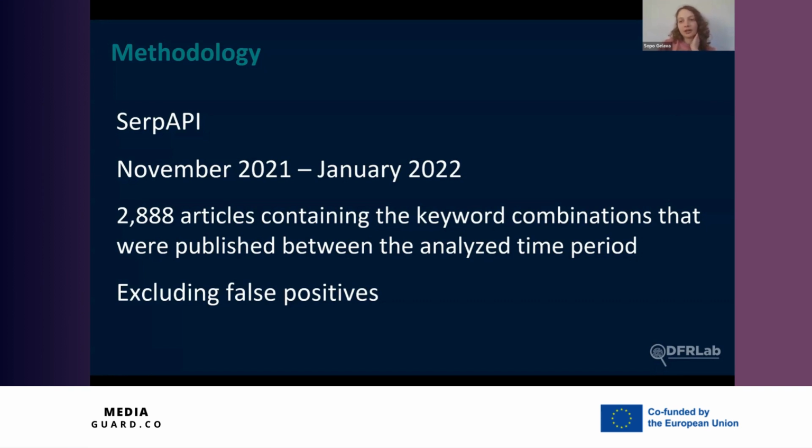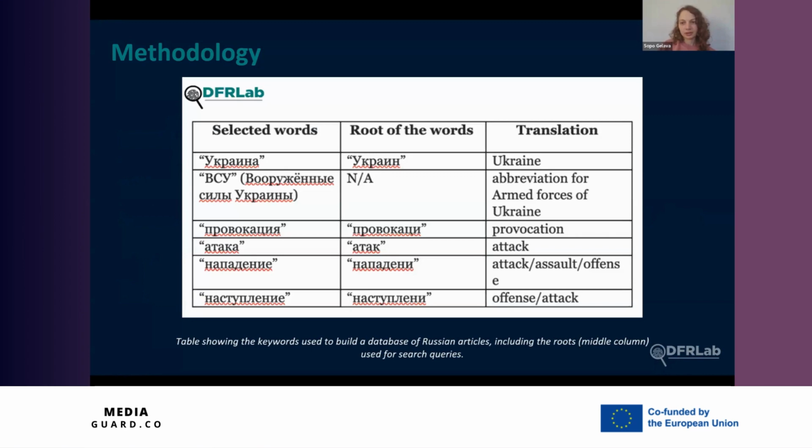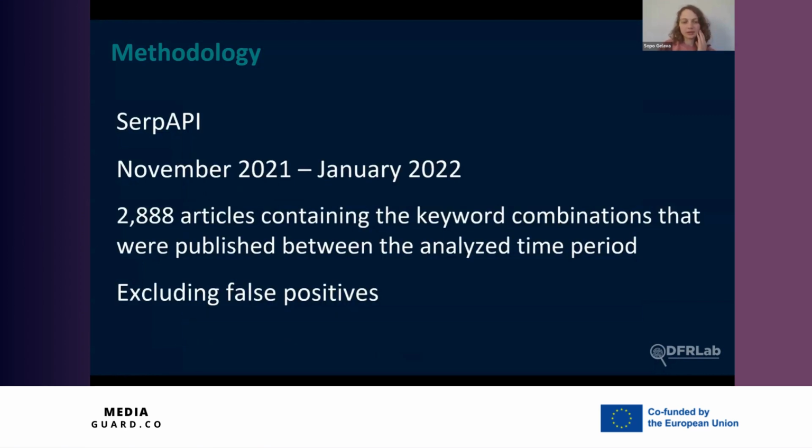From these 10 Kremlin propaganda media outlets, we scraped up to 3,000 articles and analyzed them through these keywords to understand the narratives.